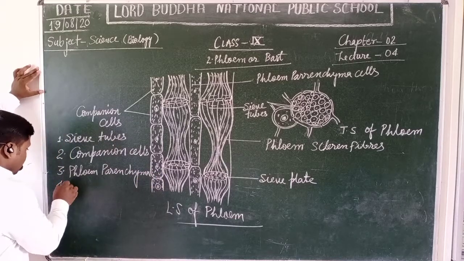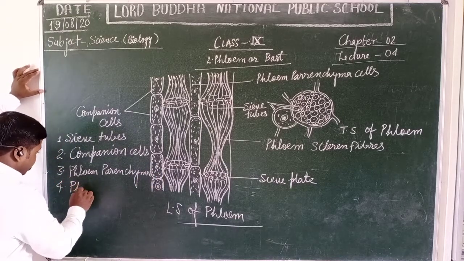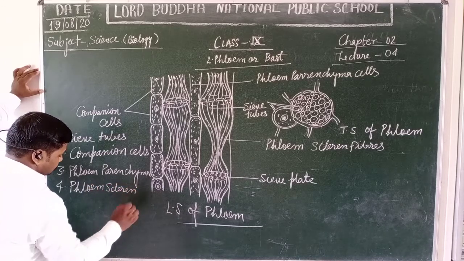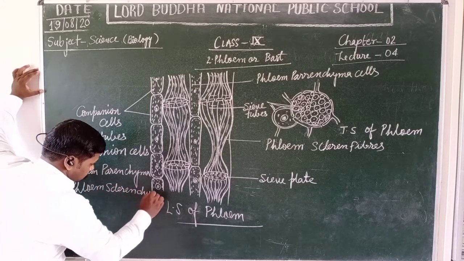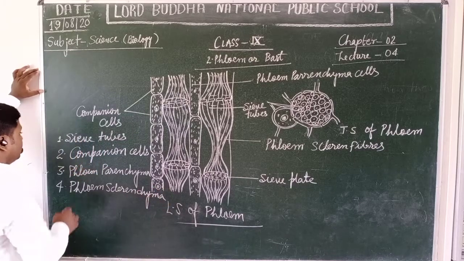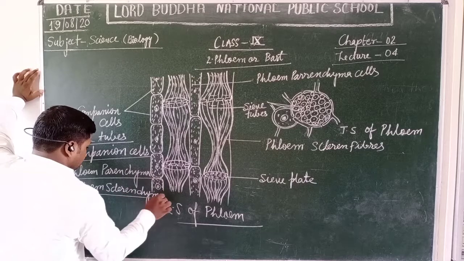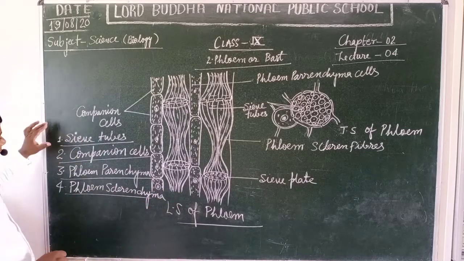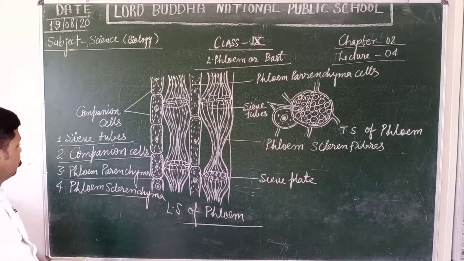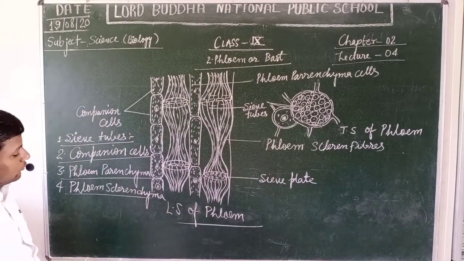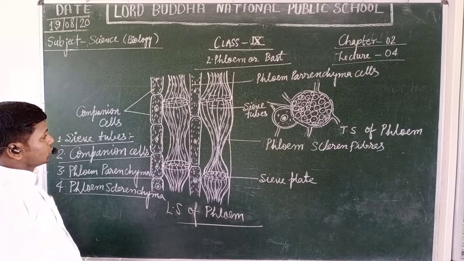And the last one is phloem sclerenchyma. Now we are going to describe the function and the structure of each type of cell that unites to form the phloem tissue.